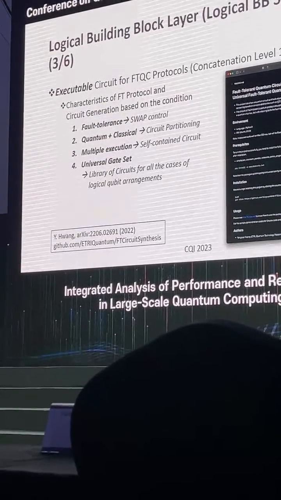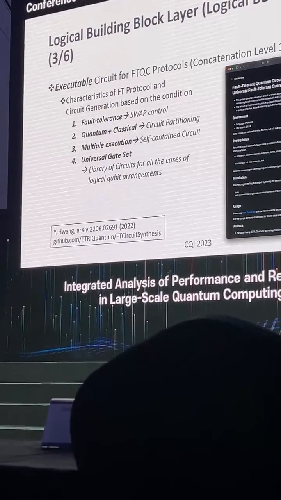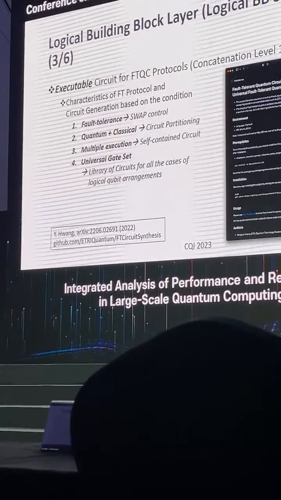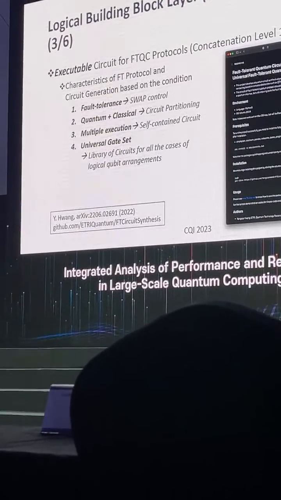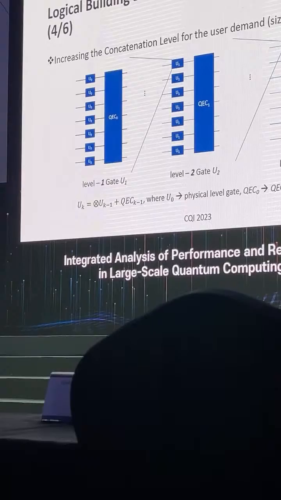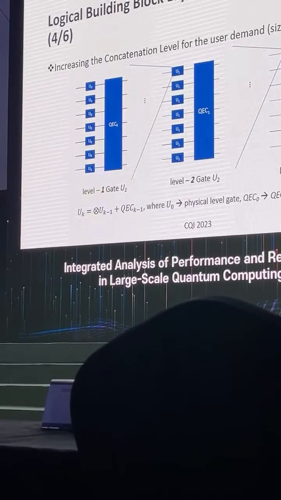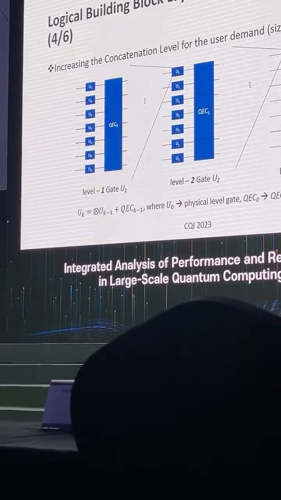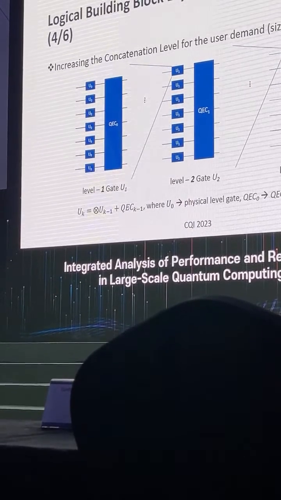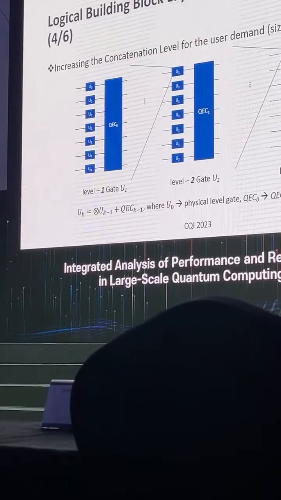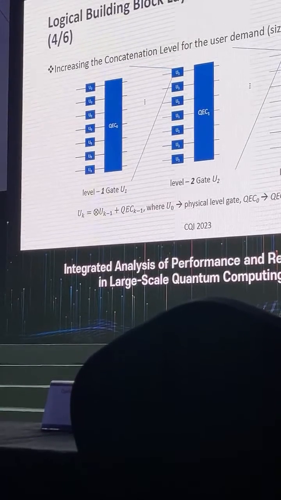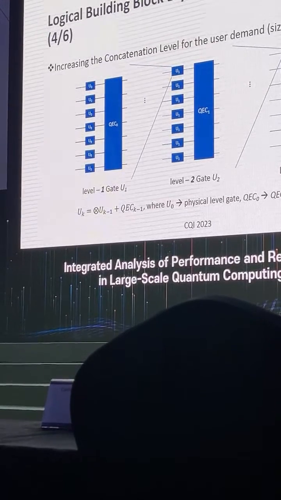By applying this procedure, we can make a protocol in computation level 1, and then we need to increase the computation level for the user demand. So by these techniques, by this slide, we can make computation code circuits, executable circuits.